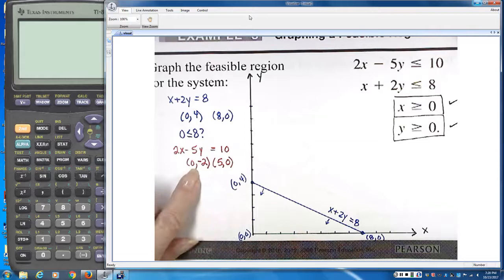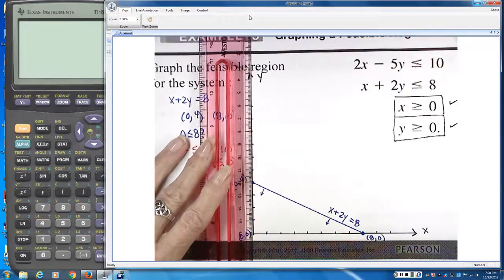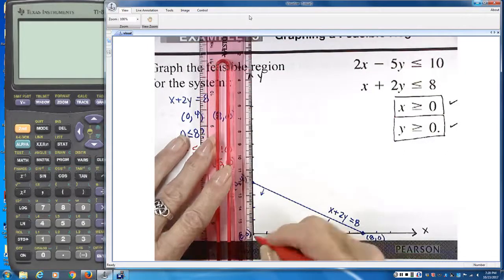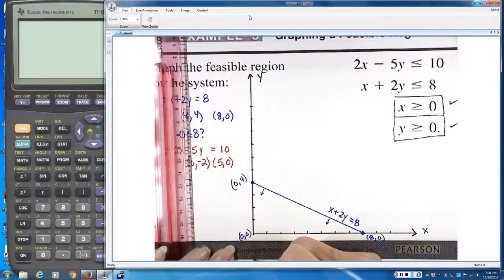Well, see, I can't really plot negative 2, 0. It's not on my graph. I can kind of see where it is, but it's not going to be part of my solution. So here's negative 1, negative 2, right at the bottom of that black.